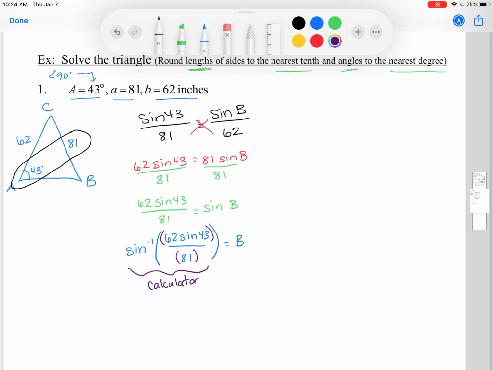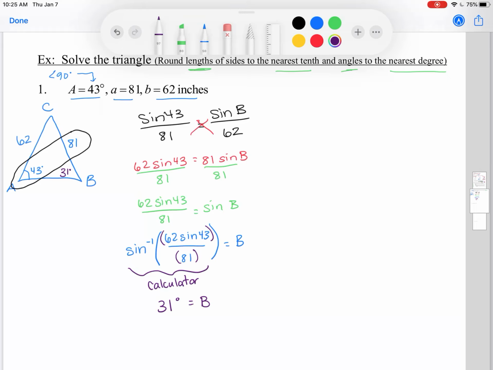Also remember that your calculator likes to add parentheses when you type in sine or inverse sine, so don't forget to close those parentheses off as you are working through that. Okay. And again, we're rounding to the nearest degree, so we should round and get 31 degrees for angle B. All right, so now I have this triangle that is forming.